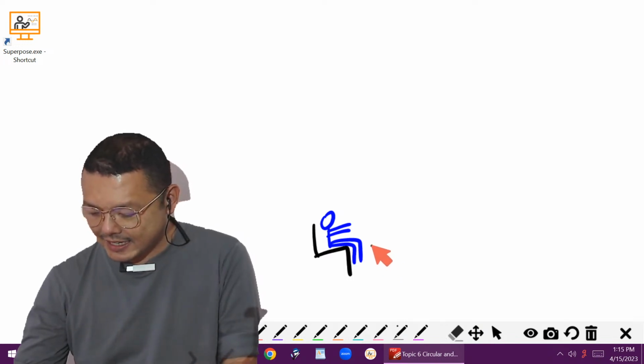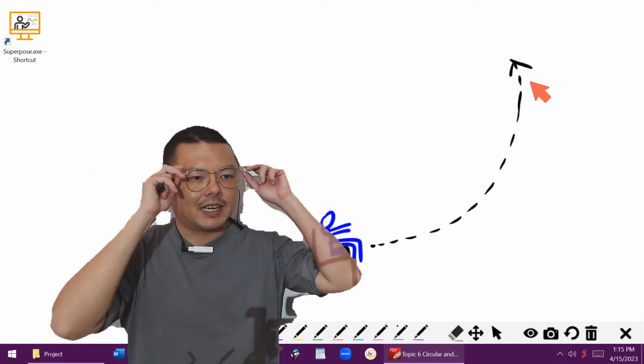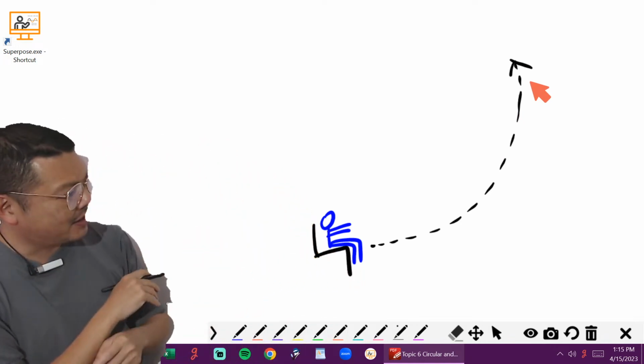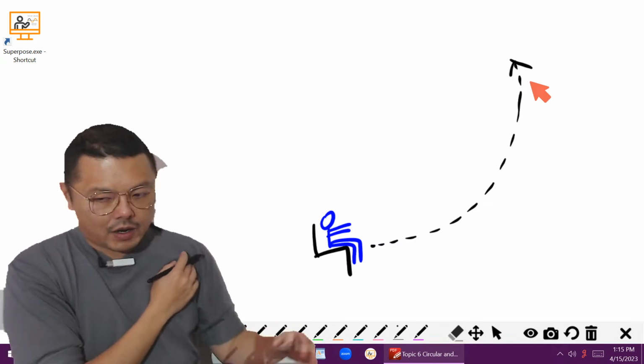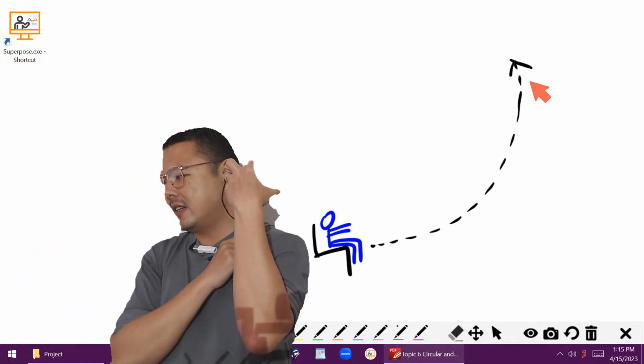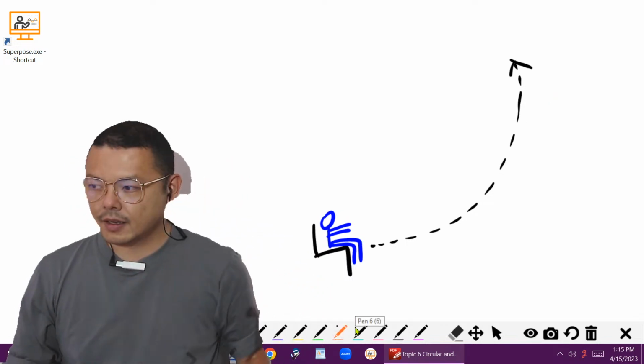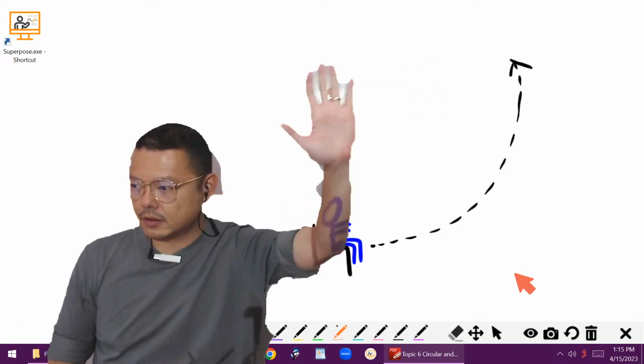We're just going to get this guy to go around in a circle, like this. Let's just imagine that this plane is going to start flying in a circle, and therefore a question is asked. Our question will be this: what are the forces acting on the pilot in order to make this circle?